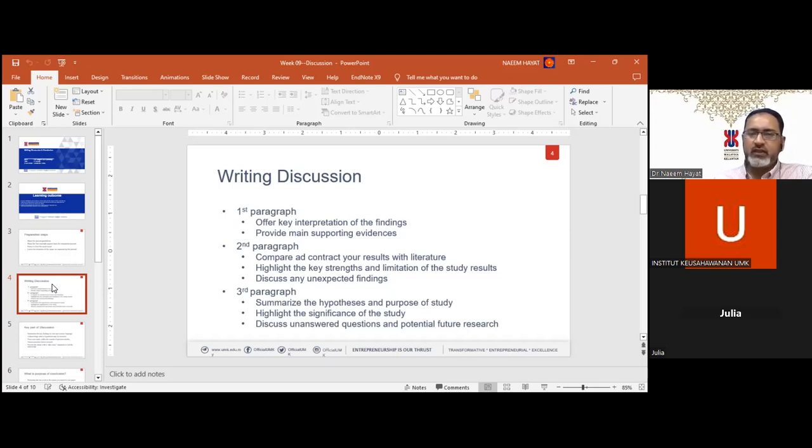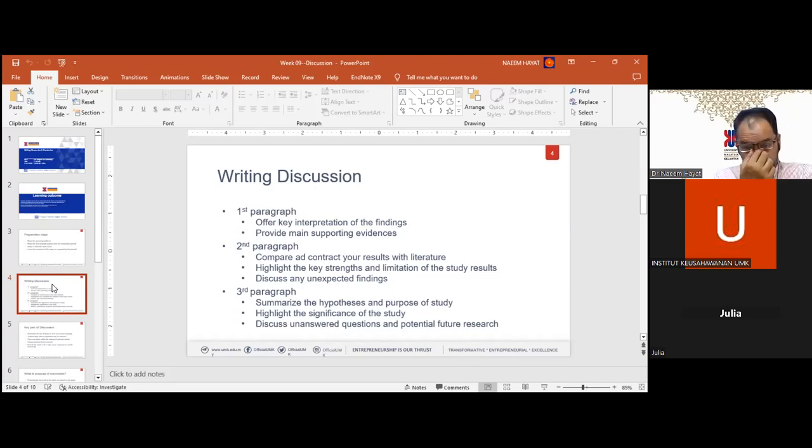Like in a standard quantitative study, all the hypotheses are accepted. It's very good that all the hypotheses are accepted and our literature says that these hypotheses must be accepted. So what is the contribution? That's a very critical question.